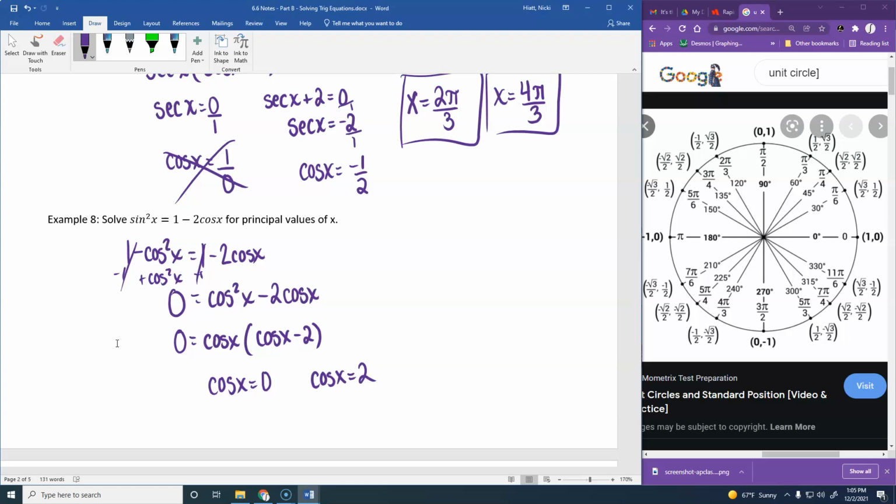Nowhere. So here's another one of those cases where we just don't get an answer from that part. But cosine does equal 0 at pi over 2. And this is principal value, so that'll be our only answer here.